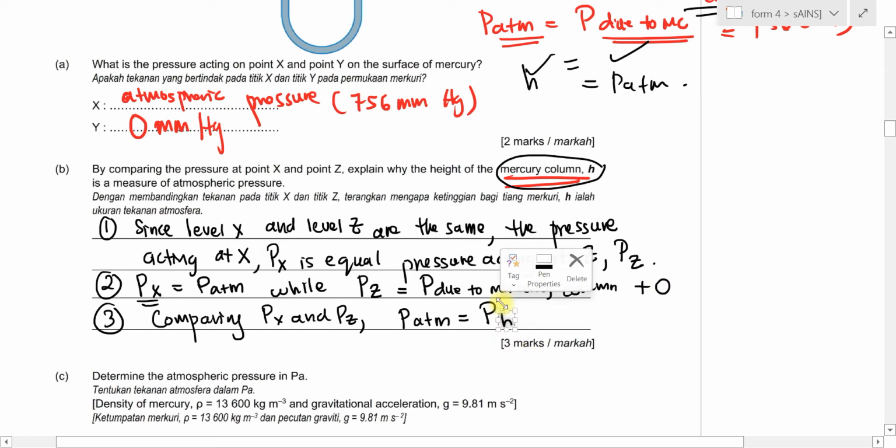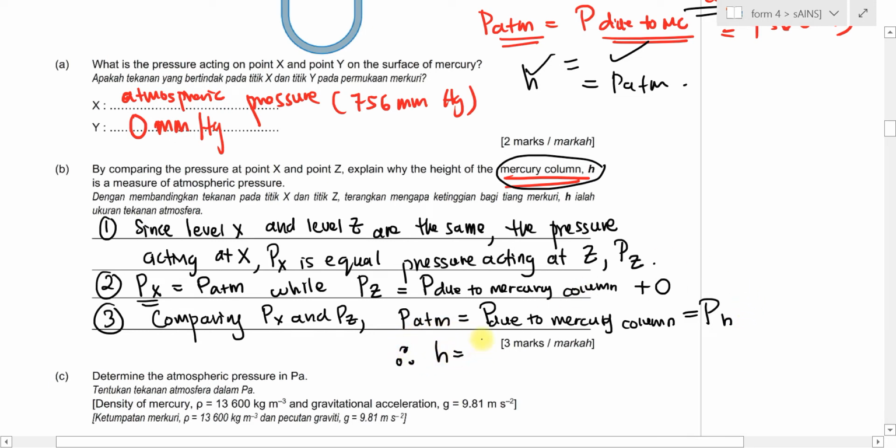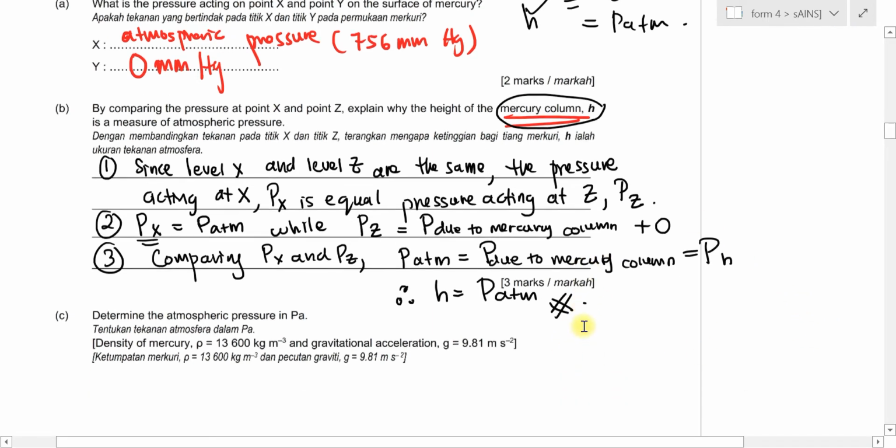So atmospheric pressure is equal to the pressure due to the mercury column, which is equal to pressure of H. So therefore your H is actually equal to the atmospheric pressure. Okay, hope you understand this.